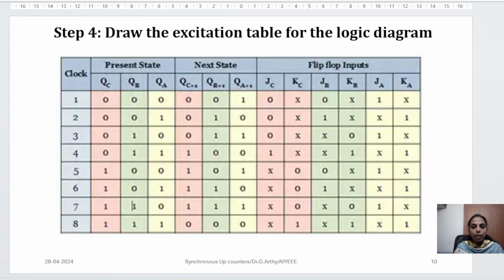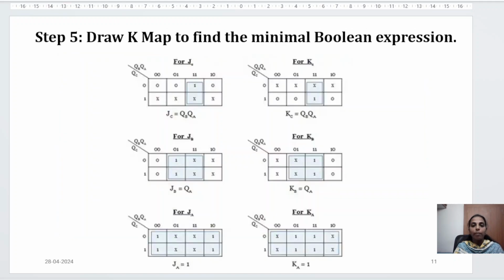So JB will be 0 and KB don't care. Similarly, the same is applicable to the other two. So likewise, with the present state and the next state, we will be writing the values of J and K with the help of the excitation table.